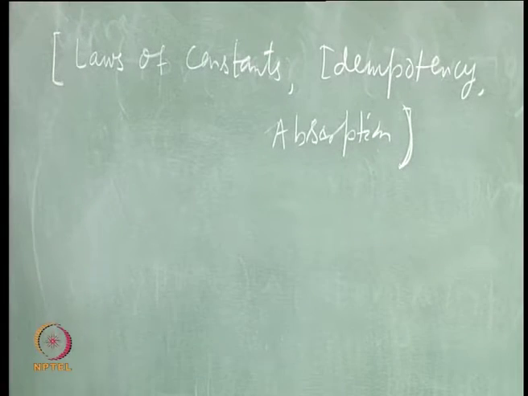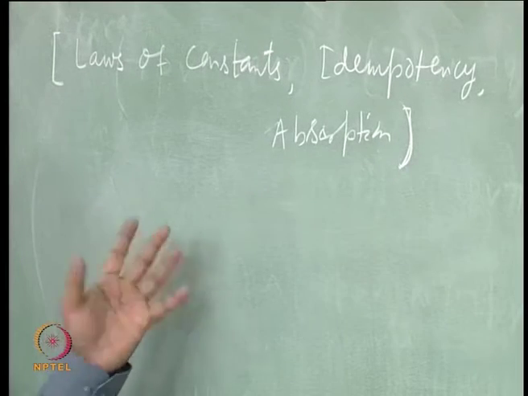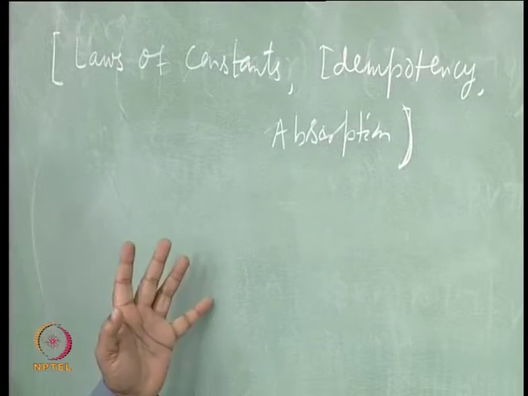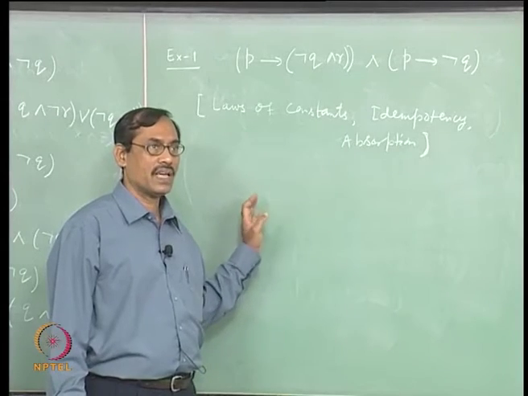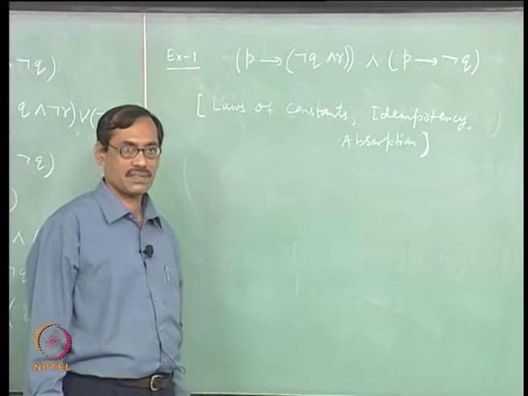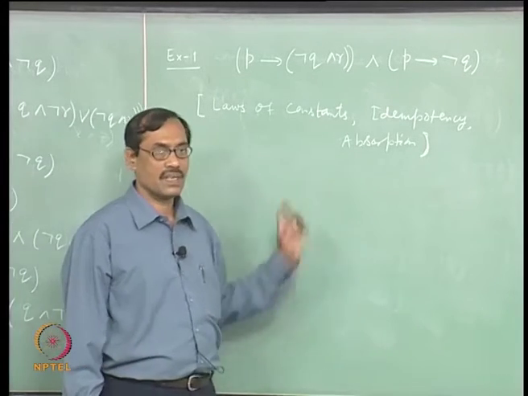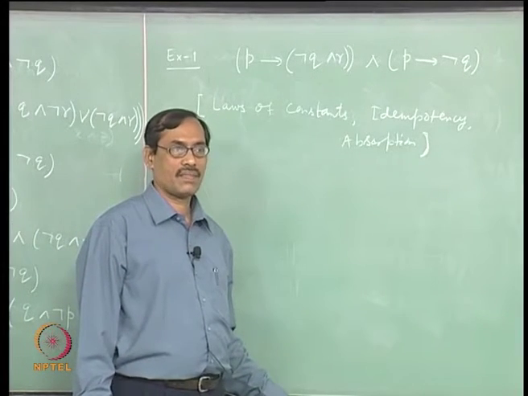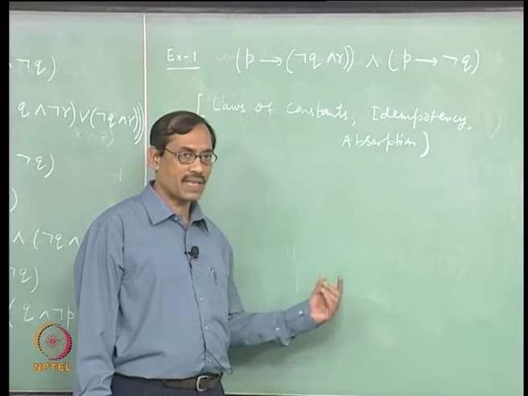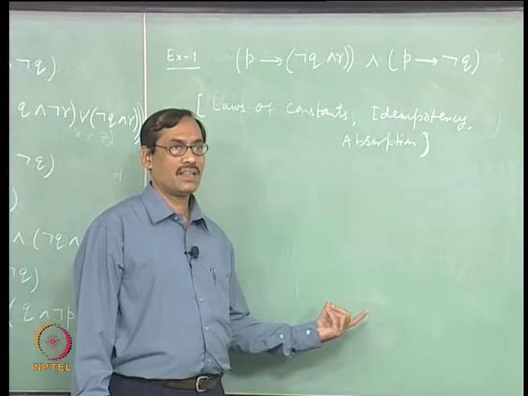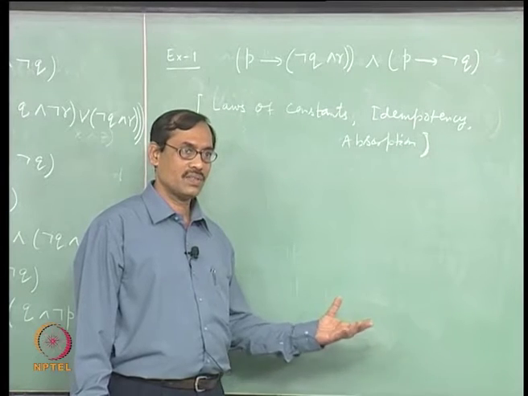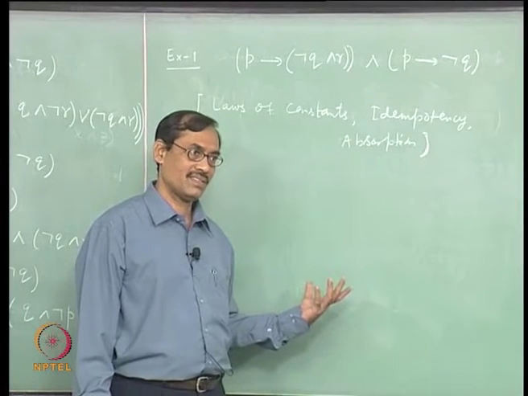What is absorption? Idempotency means x operated with x, right: x or x is equivalent to x, x and x is equivalent to x, fine. What is absorption? If you have x or y, then you take and x, so that x is absorbed in x or y, fine.